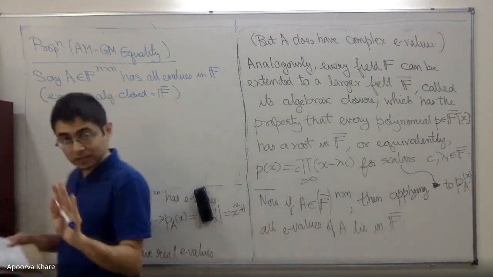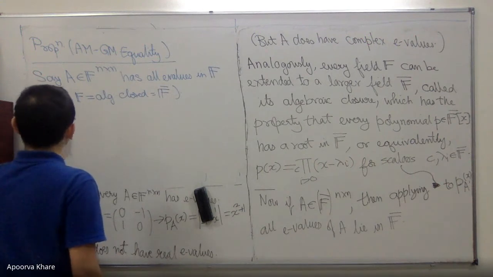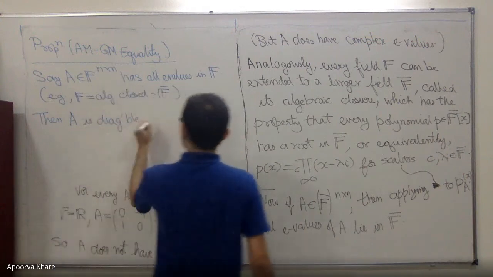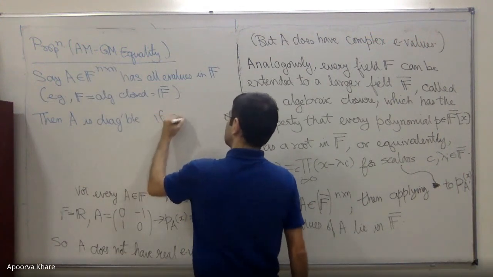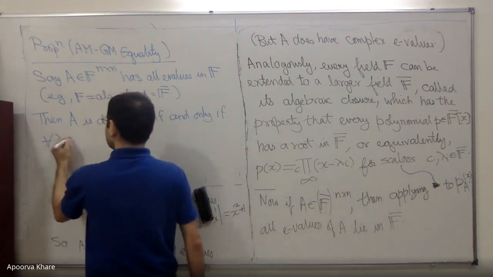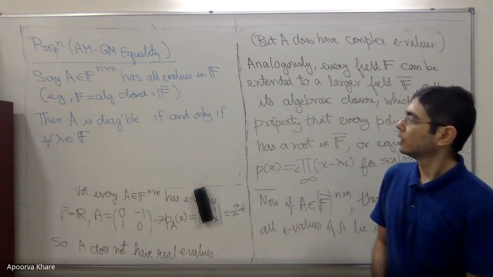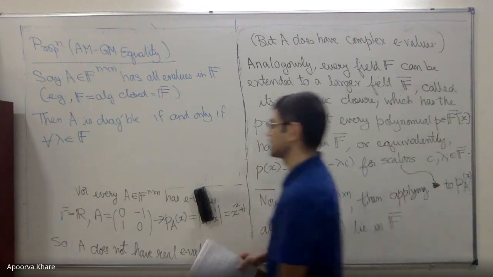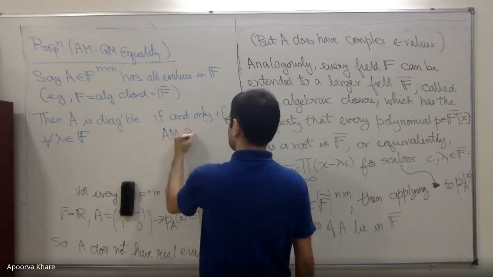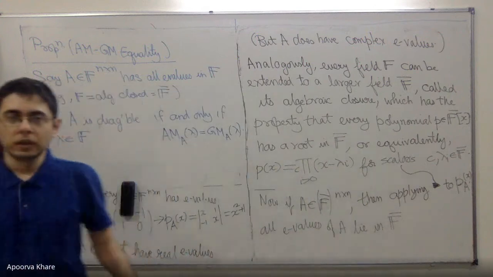Suppose I have such a matrix, then A is diagonalizable if and only if, for all lambda in F, AM of lambda equals GM of lambda.